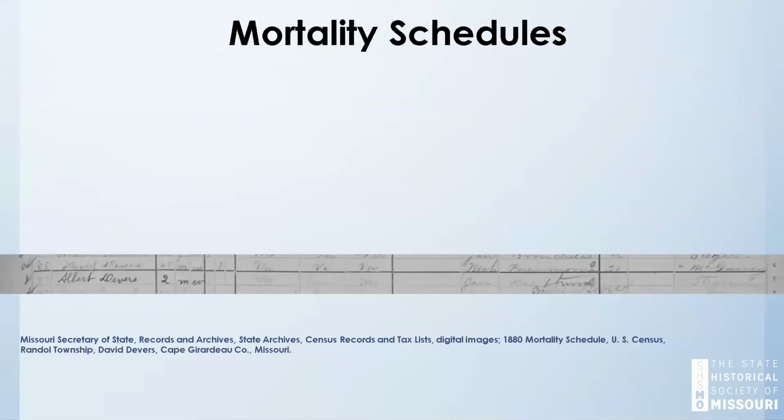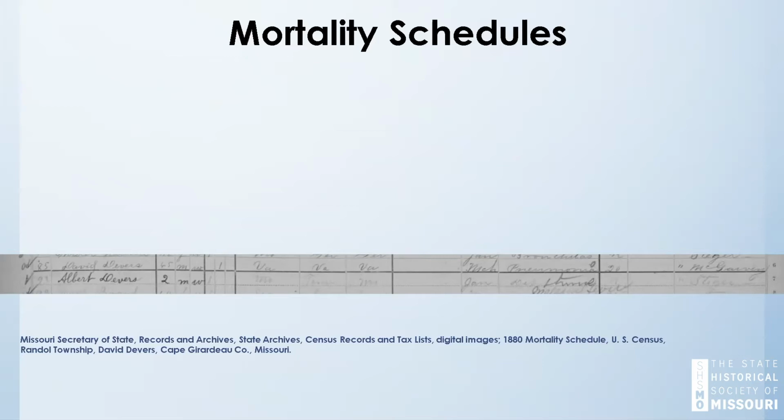Then here's an example of a mortality schedule. This is my great-great-grandfather. In this case, he died in 1880, and he died of pneumonia in March of 1880. And it was the previous year, so it went from June 1879 to the end of May 1880.